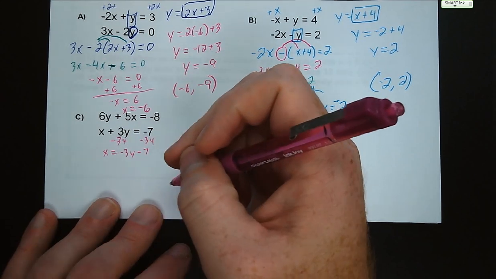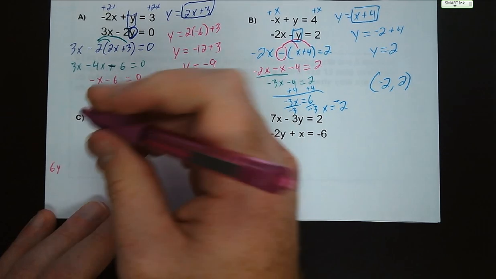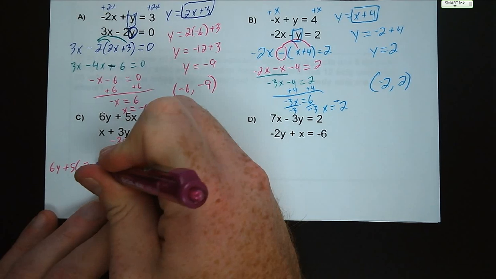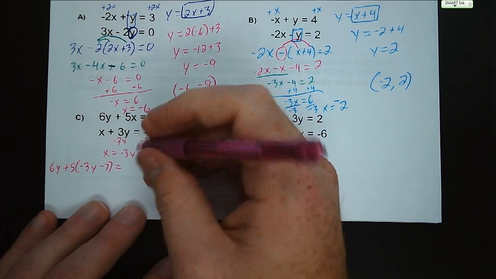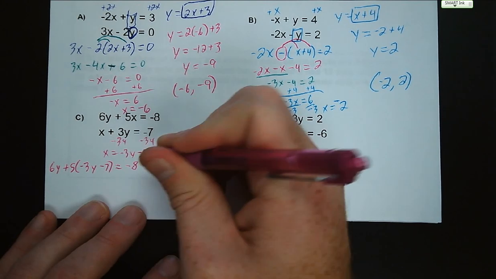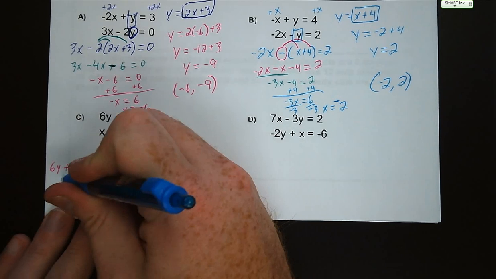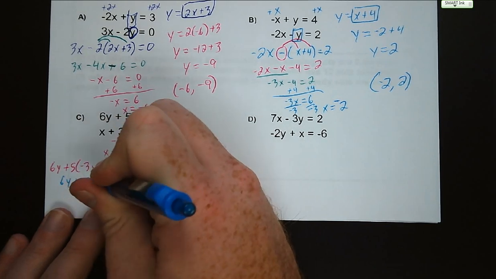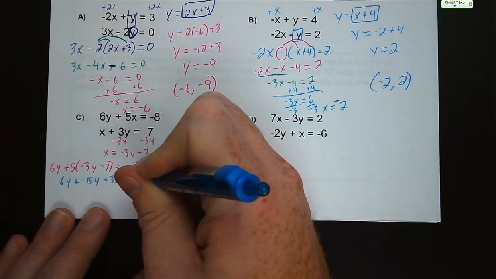All right, so we plug this into our equation. 6y plus 5 times the quantity negative 3y minus 7 equals negative 8. First step is distribution. 6y plus negative 15y minus 35 equals negative 8.